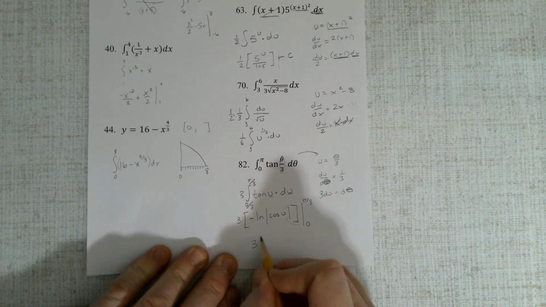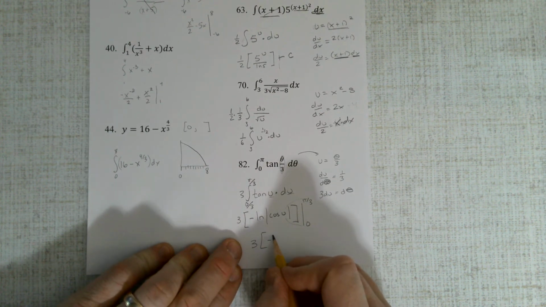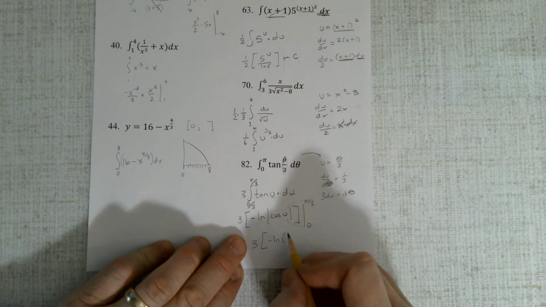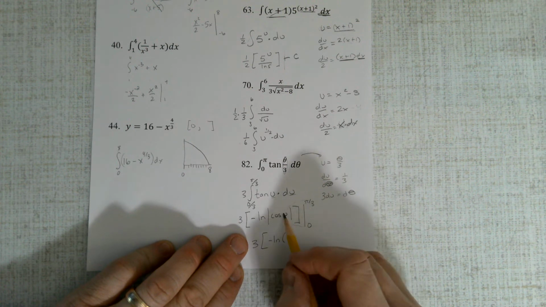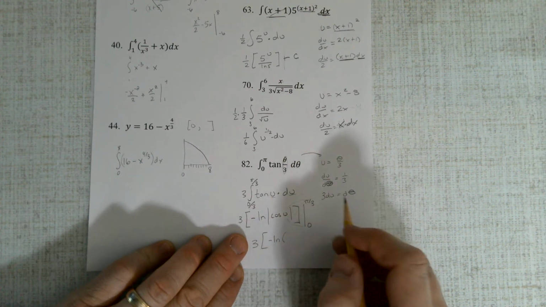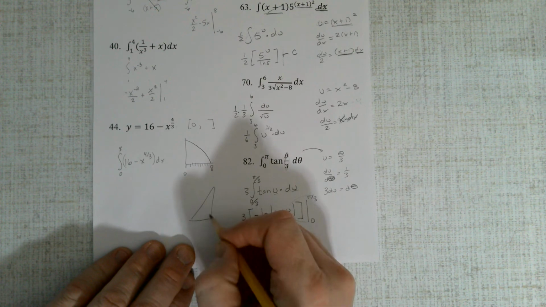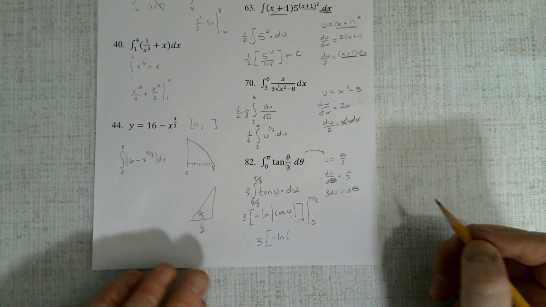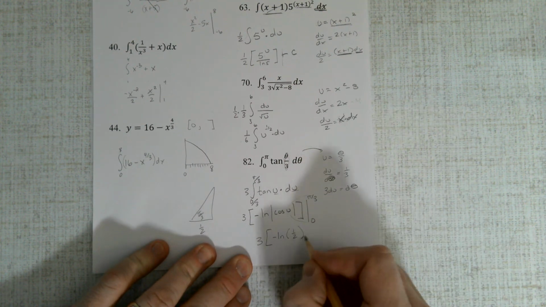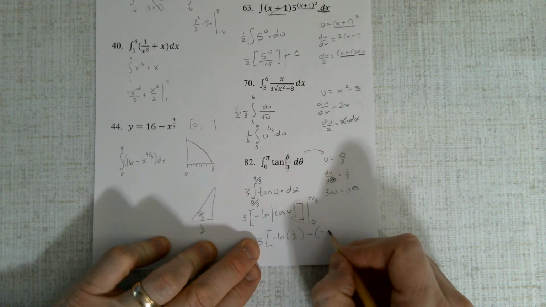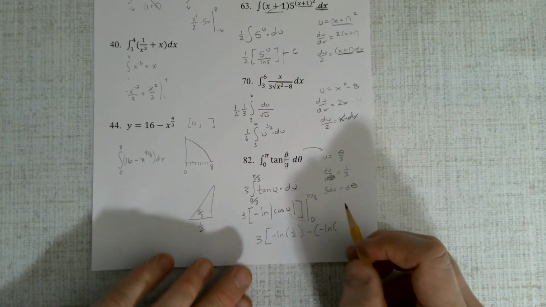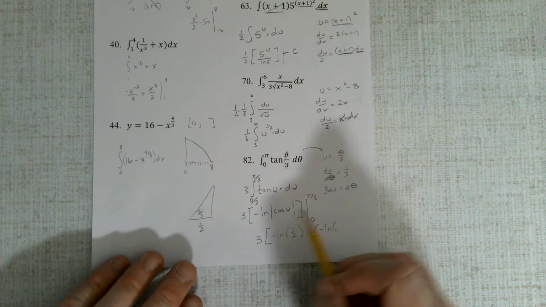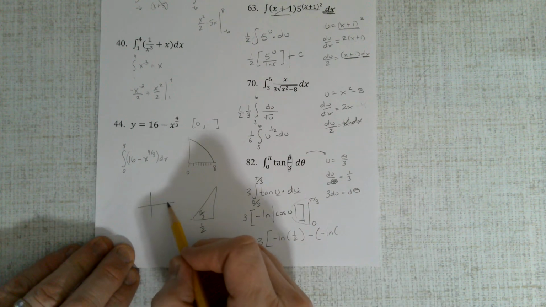But it's 3 natural log of cosine. And just put in the cosine of pi over 3. And the cosine value, if you have a right triangle and you're doing pi over 3, the cosine value here is 1/2, minus a negative natural log, and if I'm doing the cosine of 0, the cosine, let's see here, at 0 degrees is out here.